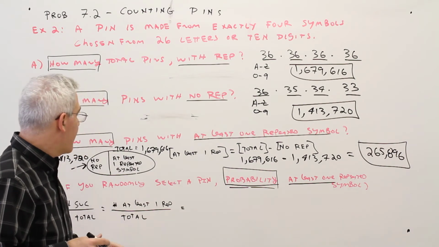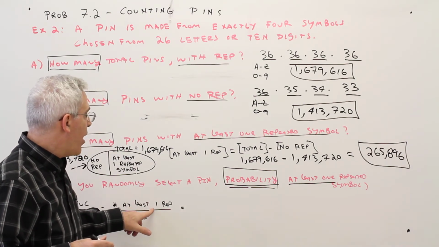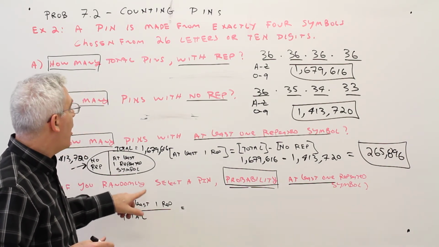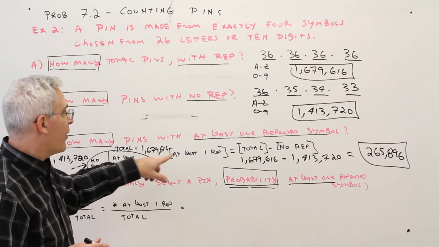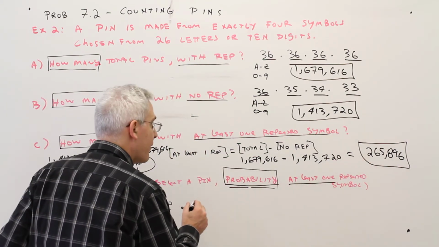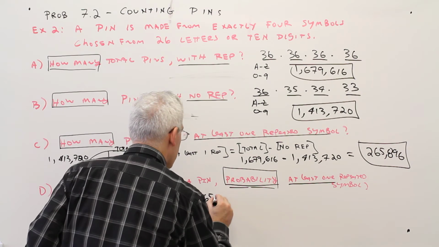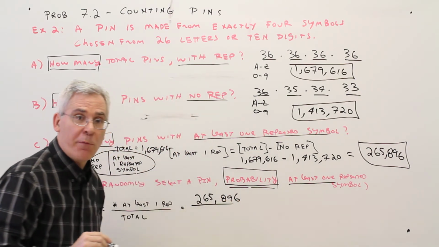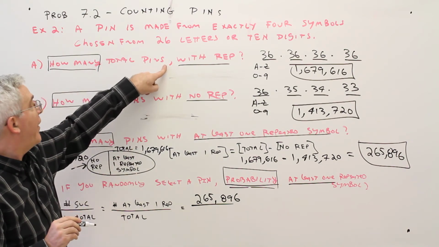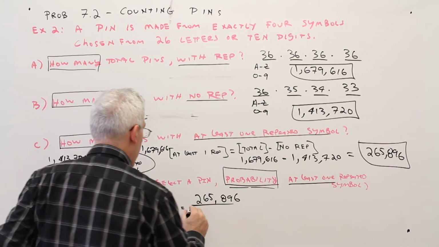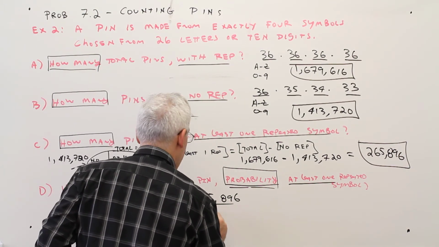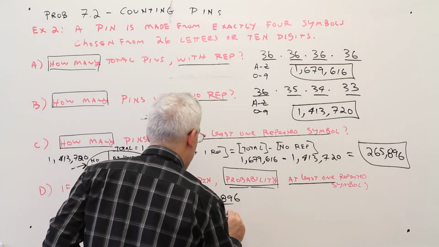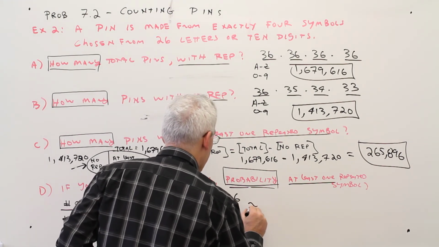All right, so the number of at least one repetition, oh, I think we got that right here. 265,896 over the total possible. I believe we did it up here. 1,679,616.